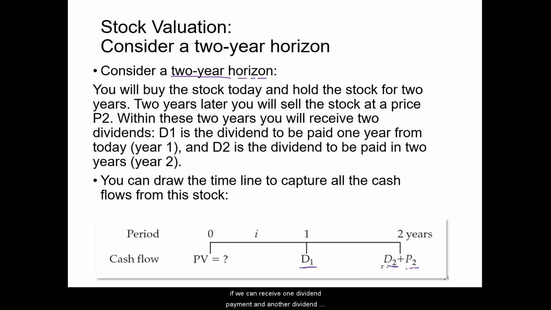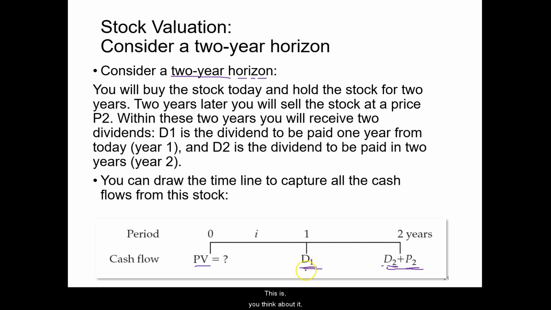If we can receive one dividend payment and another dividend payment within 2 years, and then at the end of year 2, we will receive a sale price from selling the stocks at the end of year 2. Can we calculate the present value of these future cash flows, including 2 dividends and a final sale price?